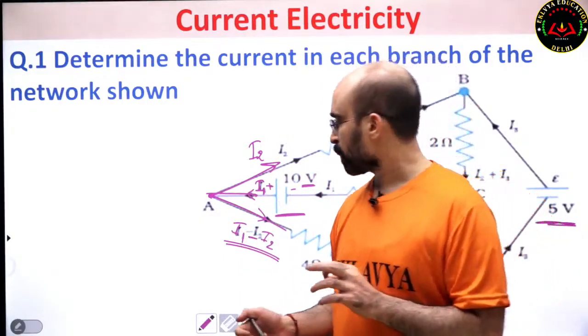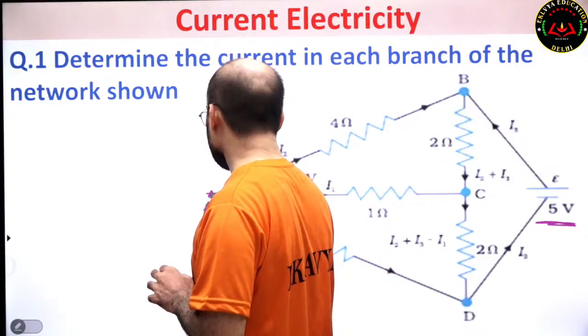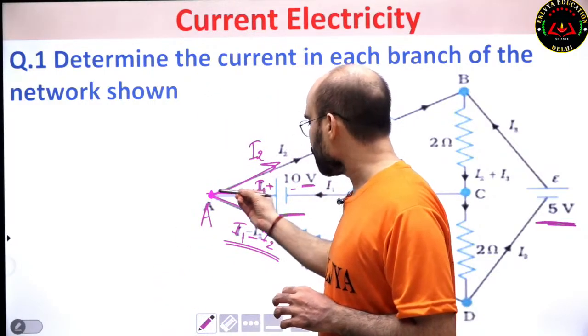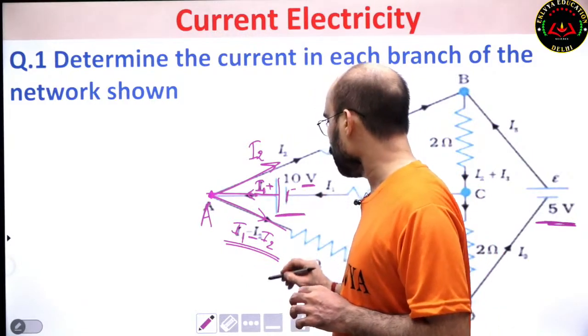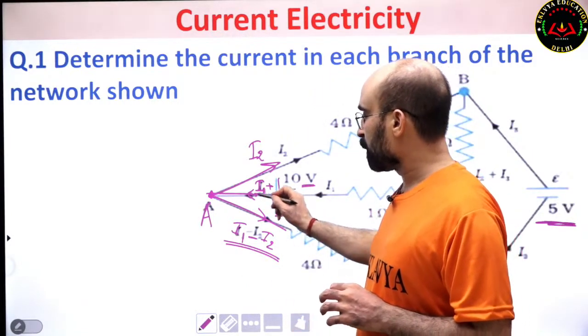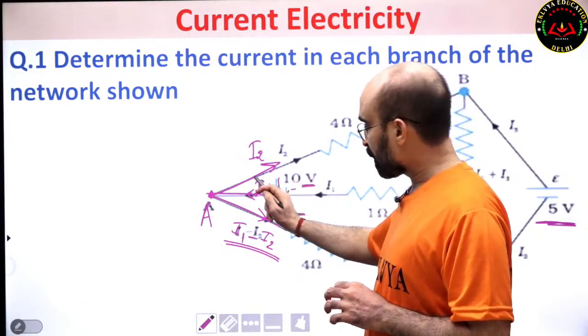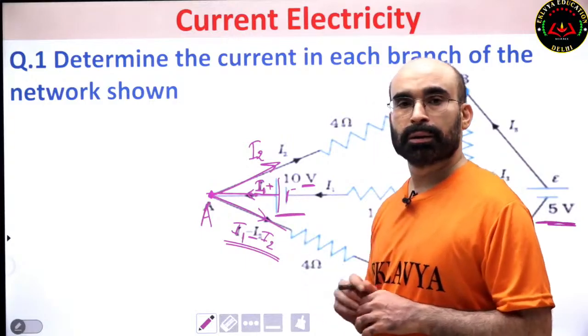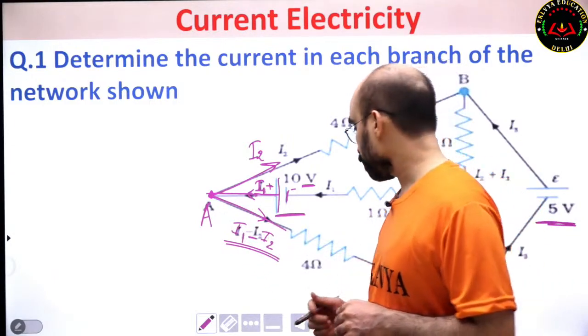What is happening at this point A? I1 is coming from this cell. I2 is leaving. What remains, I1 minus I2, flows into this branch.